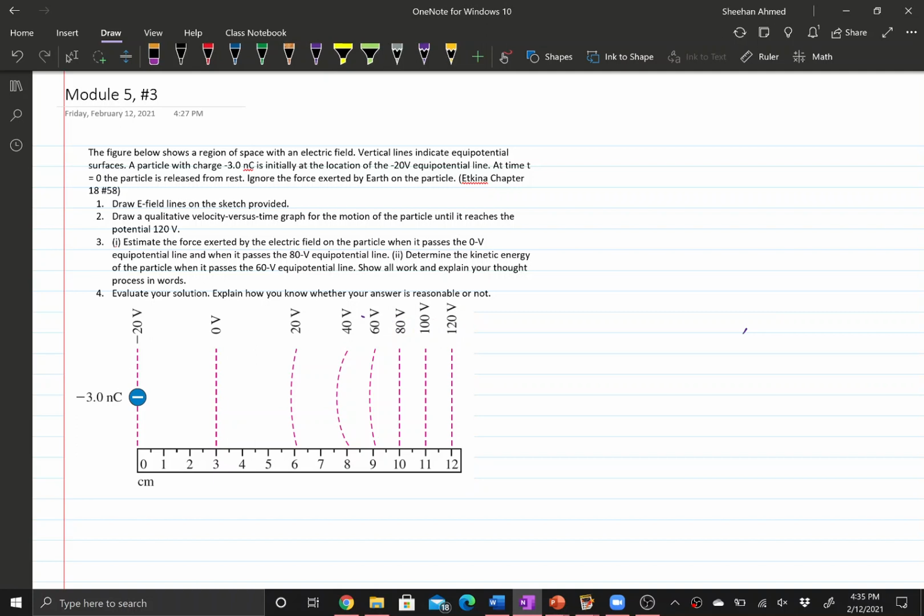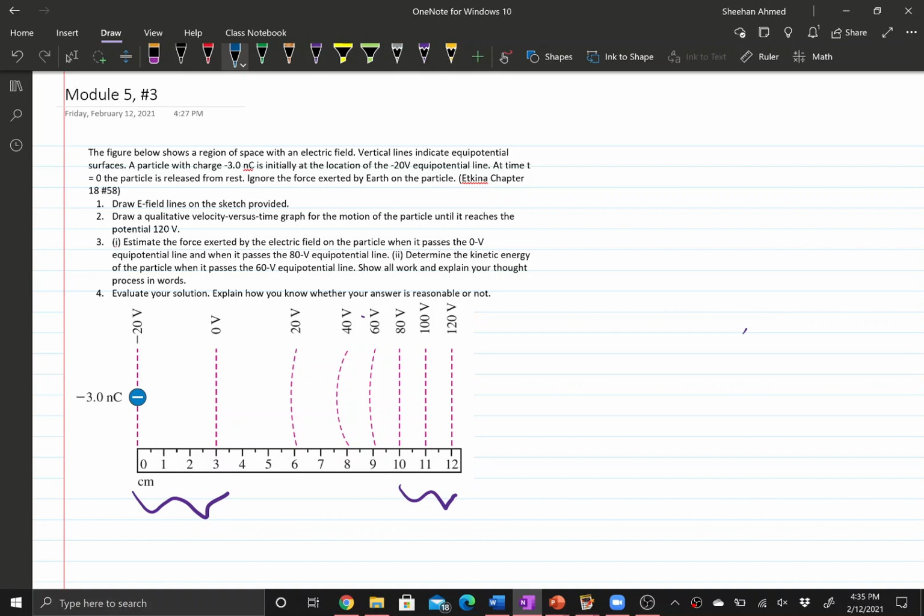And we know whenever the equipotential lines are evenly spaced out, that means it's a uniform electric field. It's a uniform E field if I draw them. So these two regions are going to have a uniform E field. And then something funky is going to happen in the middle. So let's see if we can work with this.